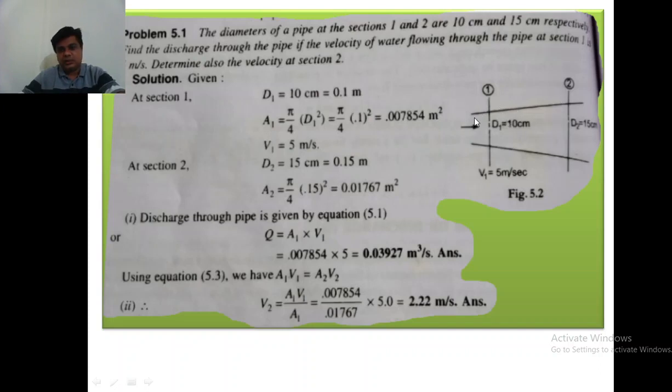A1 is the cross-sectional area at cross section 1, with velocity V1. Area 1 is nothing but, diameter is given, it's circular, so you calculate area 1, V1 is given, diameter 2 is given, you calculate A2. Using this formula we can substitute here and calculate V2.